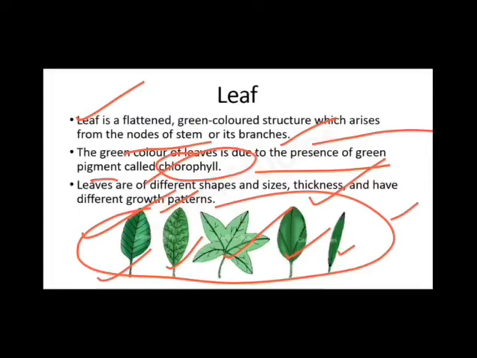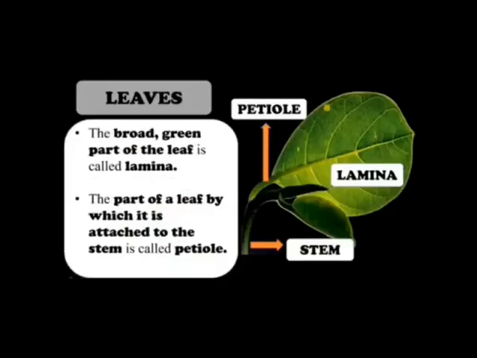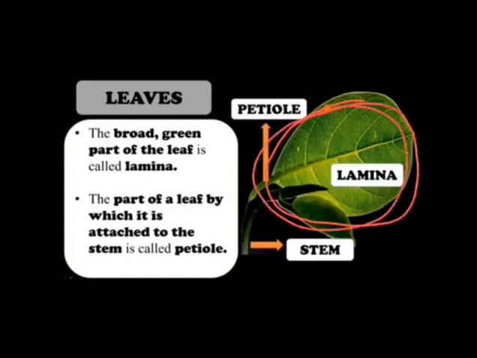And the leaves have different parts. Okay, so this broad green part of the leaf, this entire part, is known as the lamina or the leaf lamina. And the part of a leaf by which it is attached to the stem is known as the petiole.